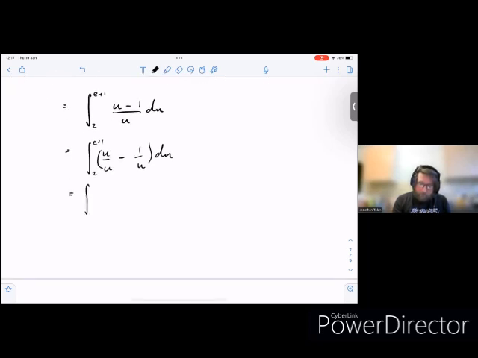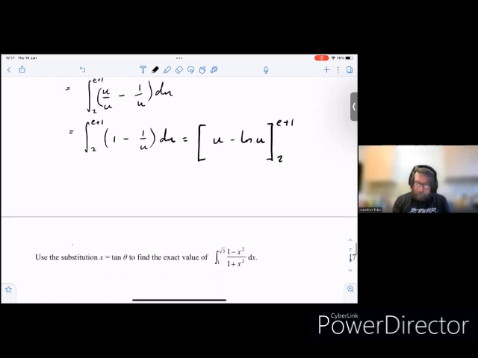So it becomes the integral between 2 and e plus 1 of 1 minus 1 over u, which is u minus log u between 2 and e plus 1. So subbing e plus 1, we get e plus 1 minus log of e plus 1, take away 2 minus log 2.